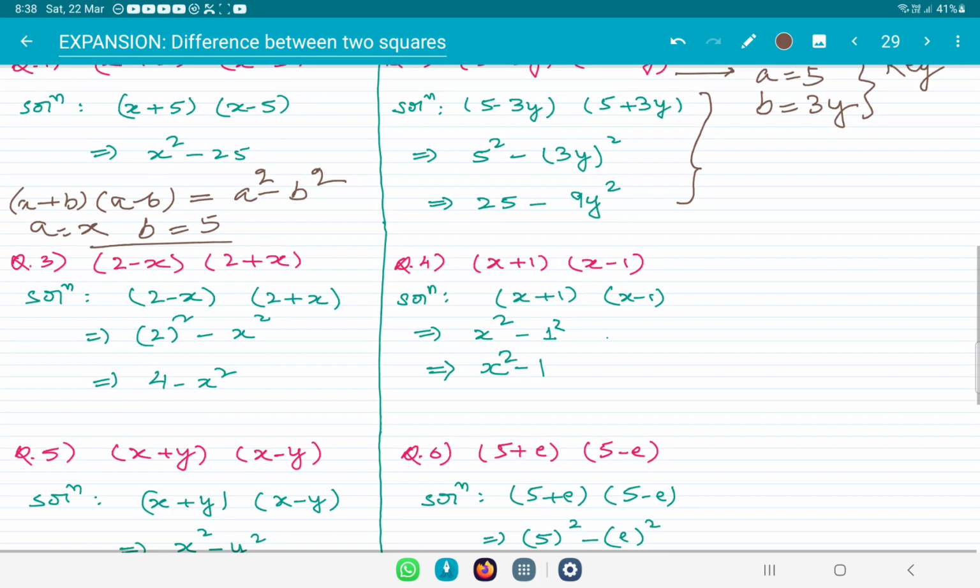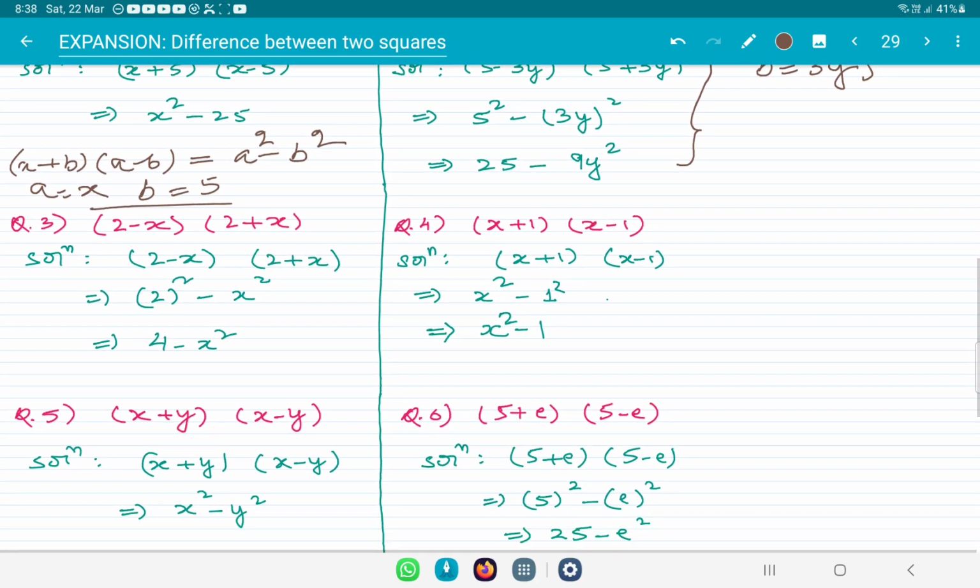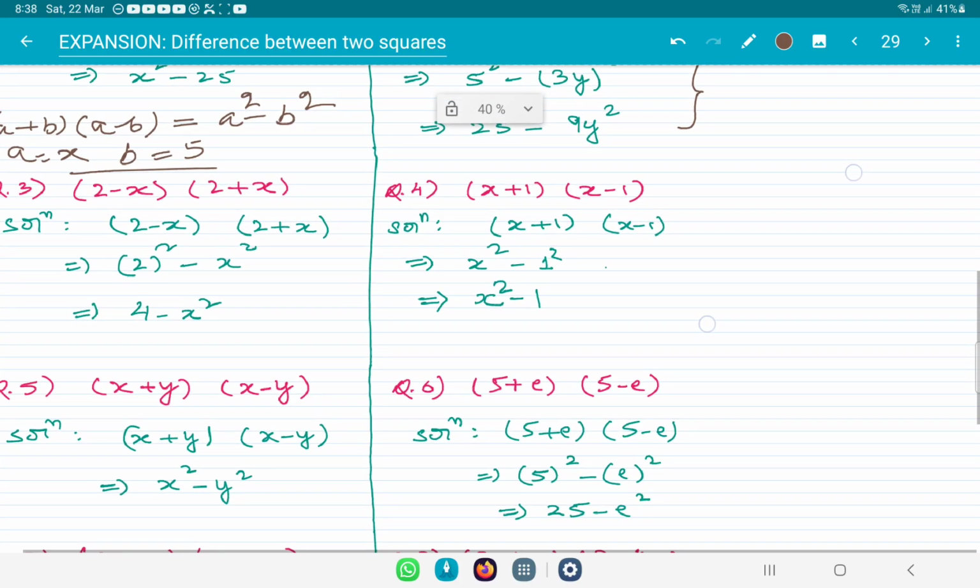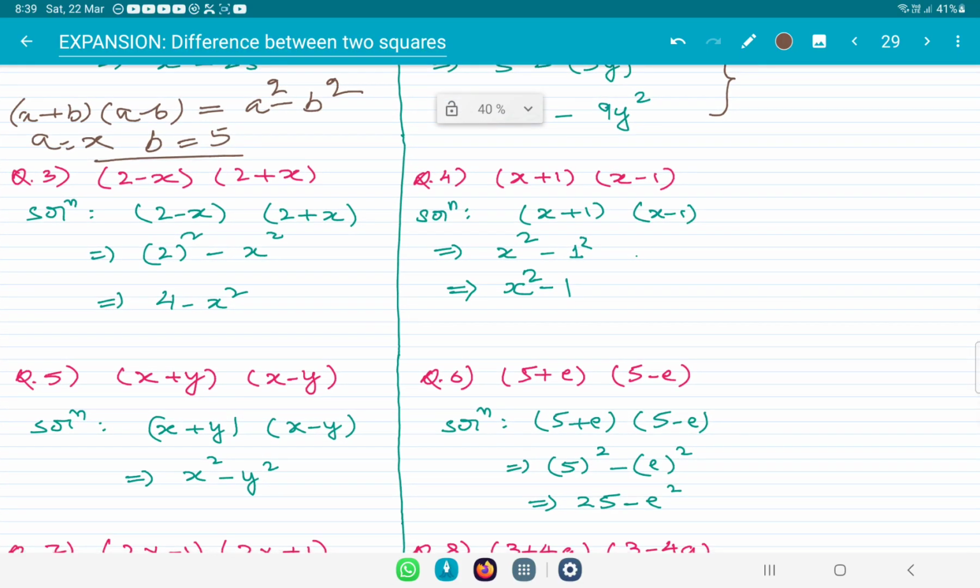It depends upon how many marks the question carries, so manage how many steps you have to write. But in any type of question, you should write the identity which you are using.